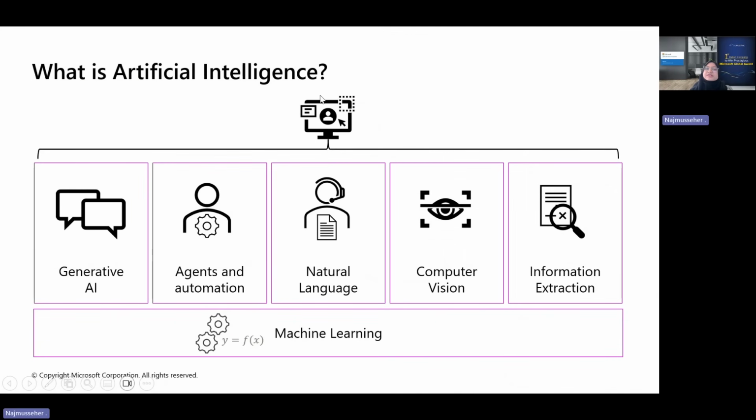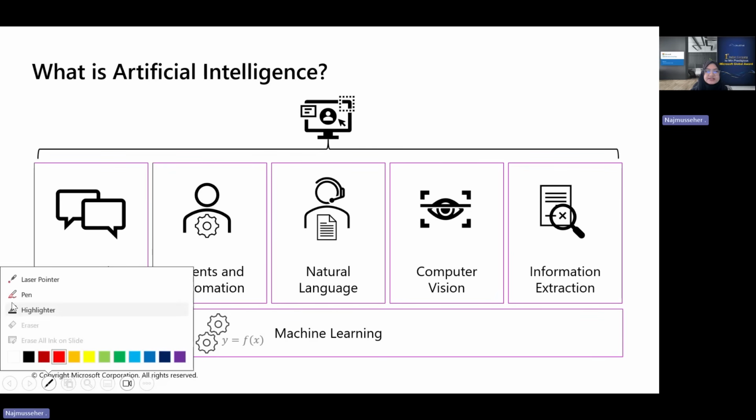As you can see, we'll start with what is artificial intelligence. Artificial intelligence is an umbrella term which covers generative AI, agents and automation, natural language, computer vision, and information extraction, on which the foundational aspect is machine learning.